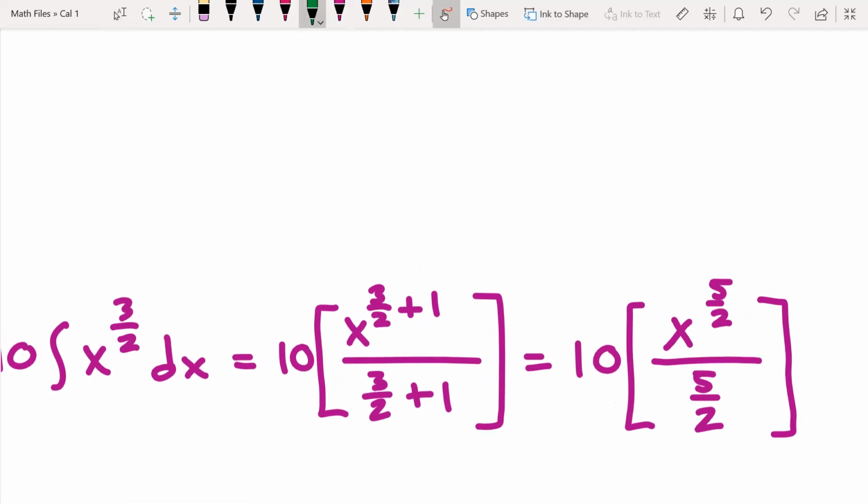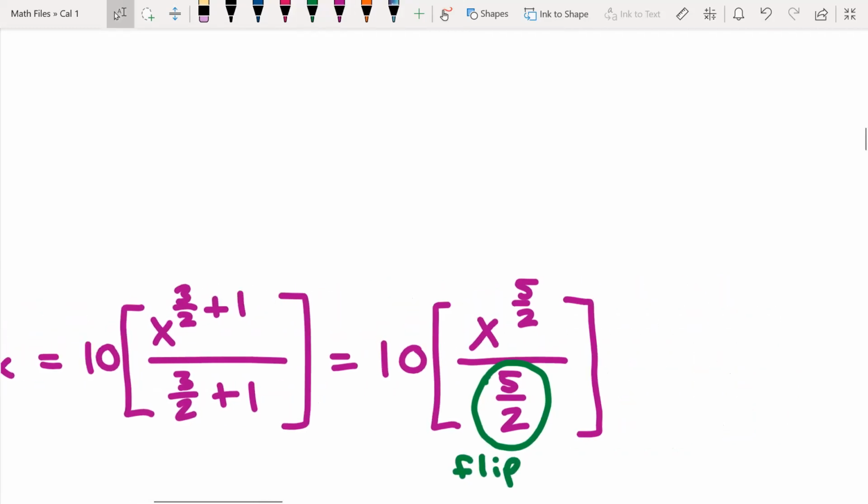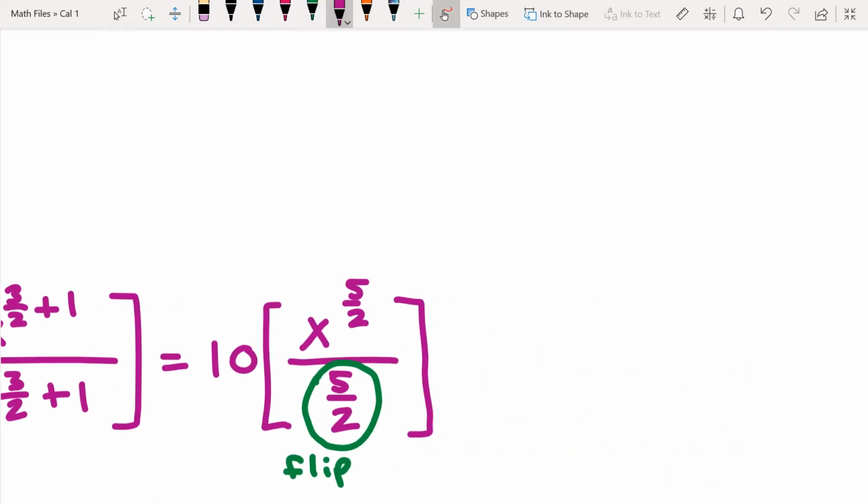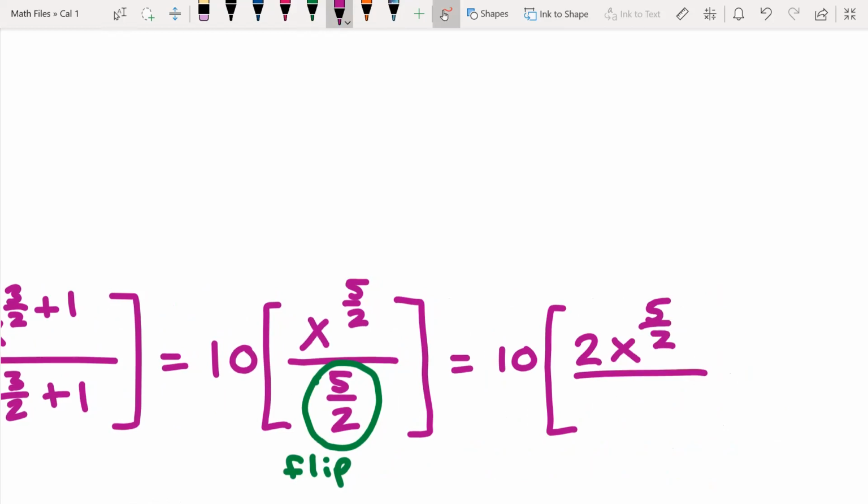And now we know we can't have this fraction in the denominator, so we will reciprocate it, or the non-mathematical term of flip. And here we'll get 10 times 2x to the 5/2 over 5.